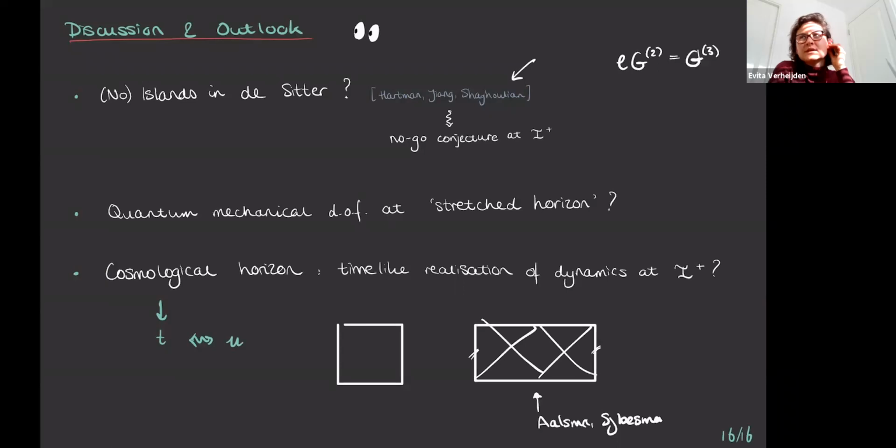I just feel like many of the features that we saw here depended on the behavior of the dilaton, and I'm not entirely sure how to upgrade this to higher dimensions. So it's something that we're definitely interested in, but that's my reason for being a bit hesitant to say anything about higher dimensions. Okay, I see. Thanks.